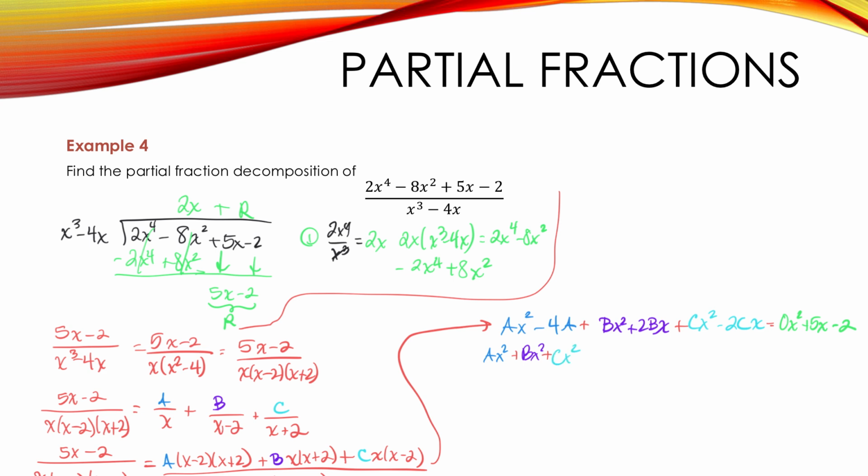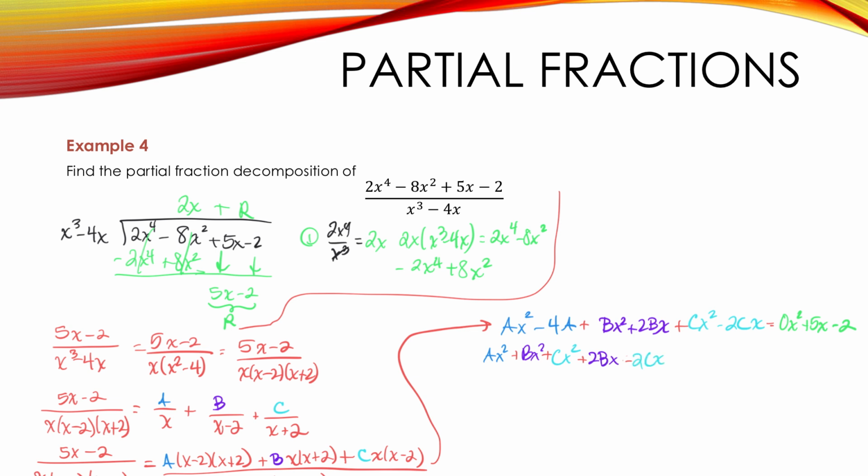And then let's now add up our x's. So in terms of x's, the first one doesn't have it, the second one does. We have plus 2bx, right? And we're going to subtract 2cx.